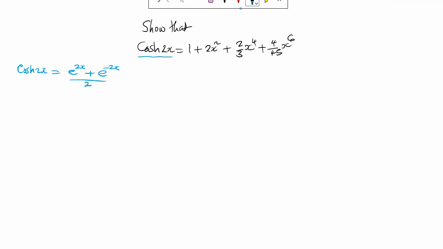But also, according to the Maclaurin series, e raised to x is usually given by 1 added to x added to x squared divided by factorial 2, x raised to 3 divided by factorial 3, and so on.